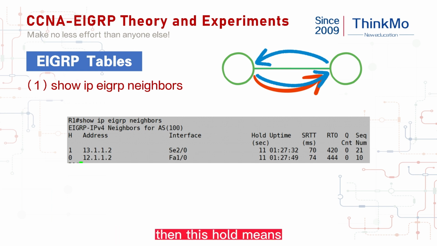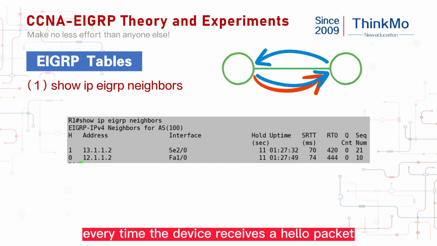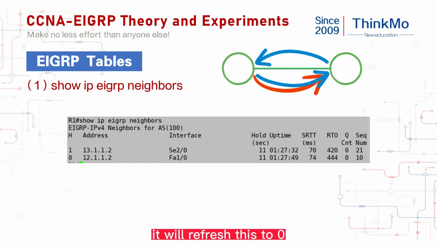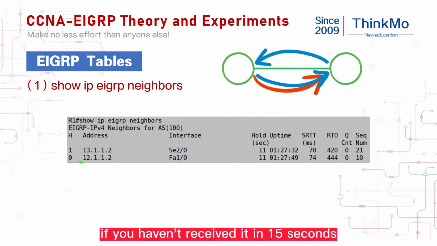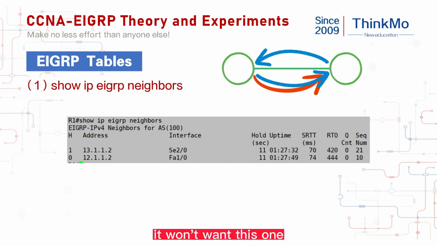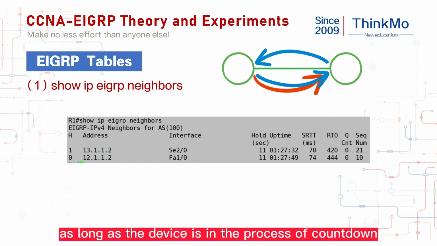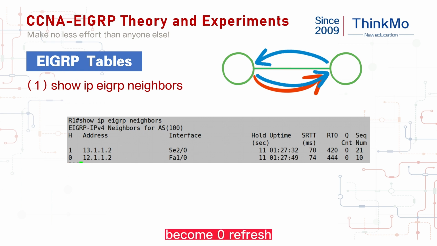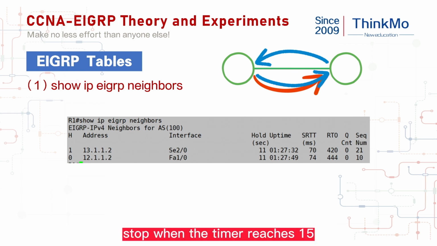This hold means every time the device receives a hello packet from its neighbor, it will refresh this to 0 and then start counting up. If it hasn't received one in 15 seconds, it won't keep this neighbor. If it is received within 15 seconds, it becomes 0 again, refreshes again. It's like a timer. It counts from 0, and stops when the timer reaches 15.